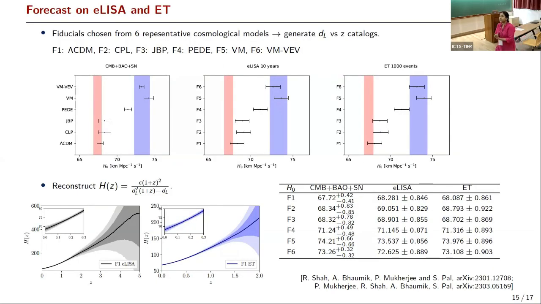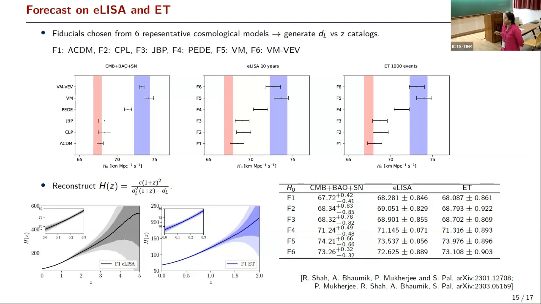Now we try to make some forecasts on some gravitational wave missions like LISA and ET using this GPR. So we take 6 representative models and generate the DL versus z catalogs. Now using these fiducials from these representative models, we reconstruct H(z) and we quote the value of H0 for each of the cases.